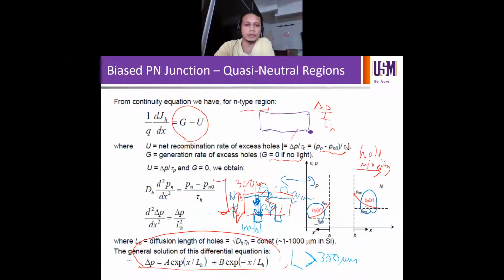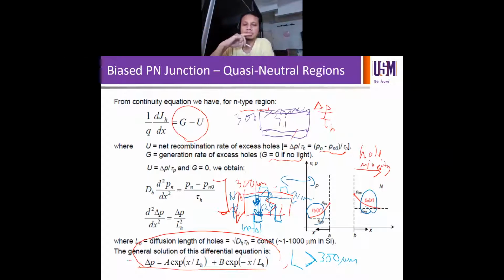Let's say this is your silicon, maybe 300 micron. So far we have discussed having a junction on the front side. Can we also have a junction at the back? Or maybe we don't have any junction at the front, but just have a junction at the back. Will it also work?